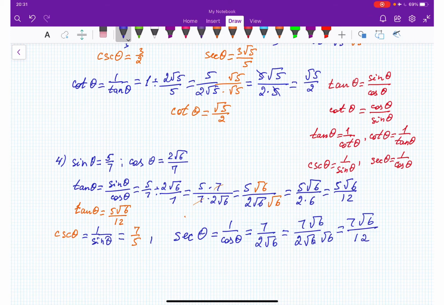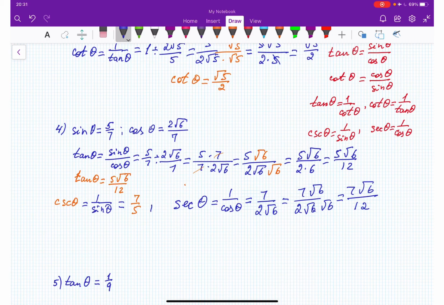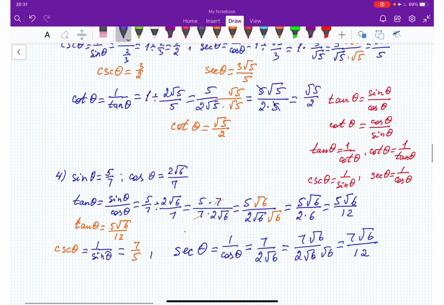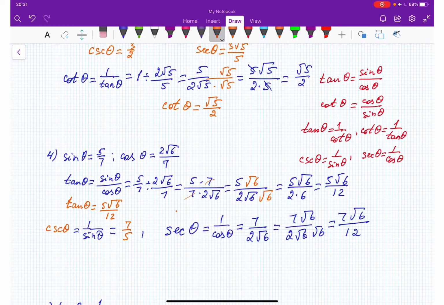Okay, so secant theta is equal to 7 square root of 6 over 12.